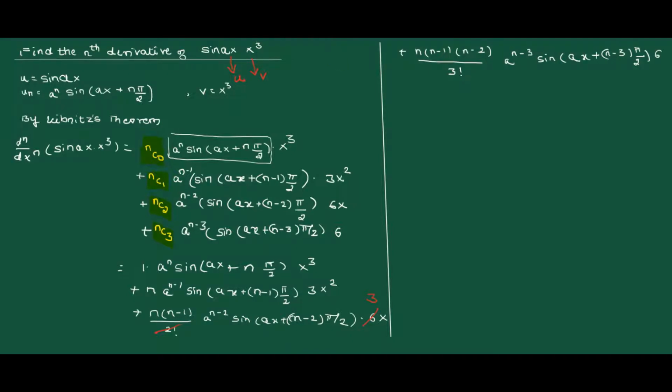The differentiation of 6x is 6, where 3 factorial is nothing but 6, and this 6 gets cancelled. So now this is equal to, I will write the remaining terms.